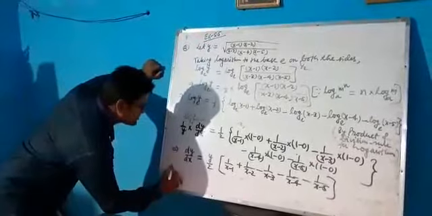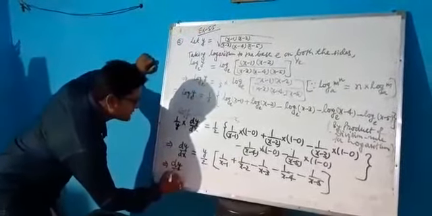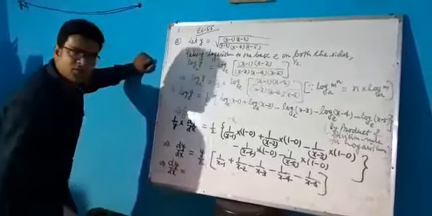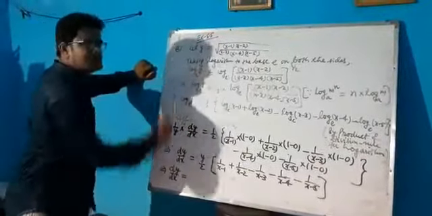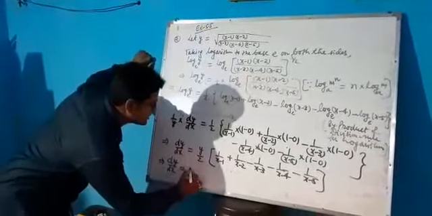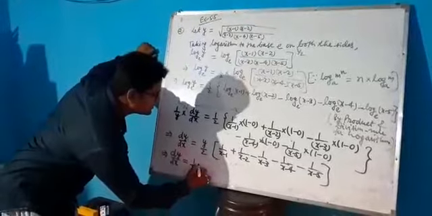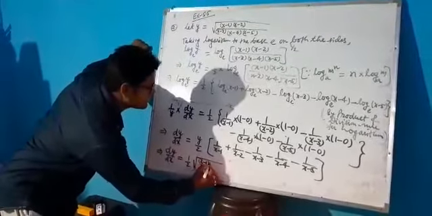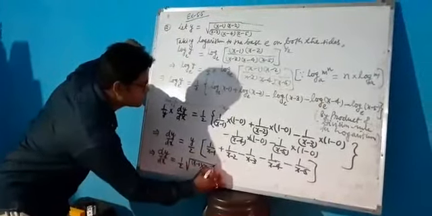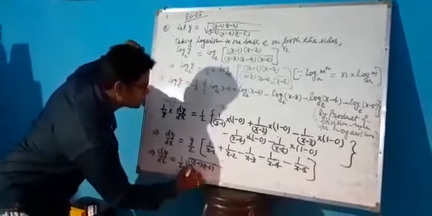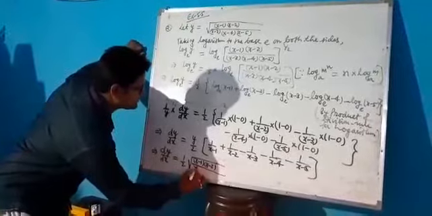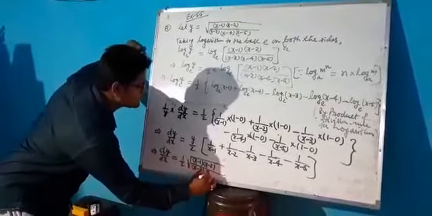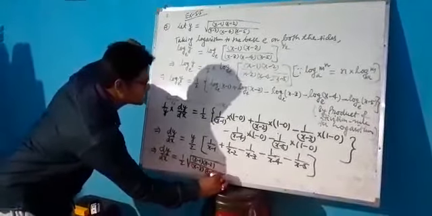So I can write it as derivative of y with respect to x is equal to, in place of y I can write this. So it will be root under 1 by 2 root under x minus 1 x minus 2 by x minus 3 x minus 4 x minus 5.